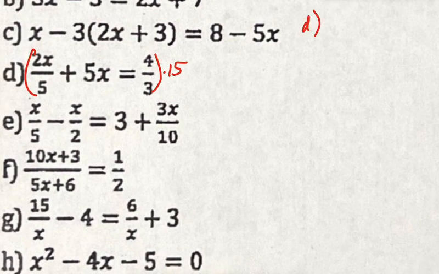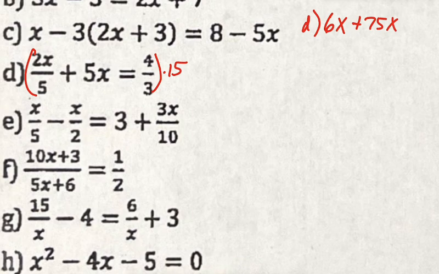So if we multiply every single thing by 15, now technically that's 15 over 1, so only the tops of our fractions are going to be multiplied by 15. The first fraction, we would get 30x divided by 5, which is 6x. 15 times 5 for the next thing, that would be 75x.